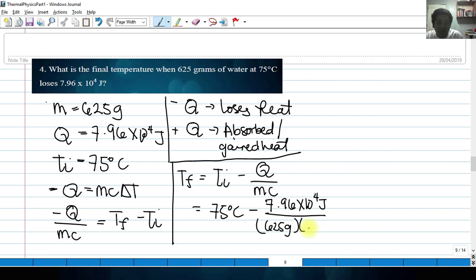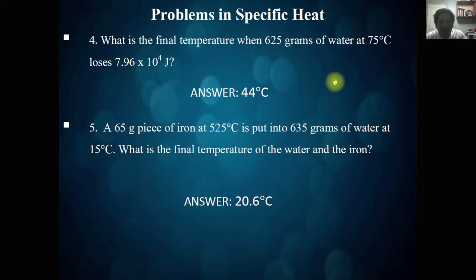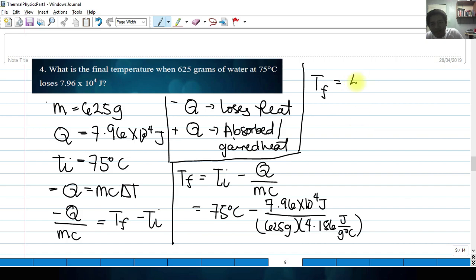Basically, that is still water, so it is in terms of grams. So we have to use the specific heat of water in terms of grams, 4.186 joules per gram degrees Celsius. If we manipulate those variables and calculate it using our calculator, we shall arrive at a final temperature of 44 degrees Celsius. So that should be our final answer. So let me just double check.